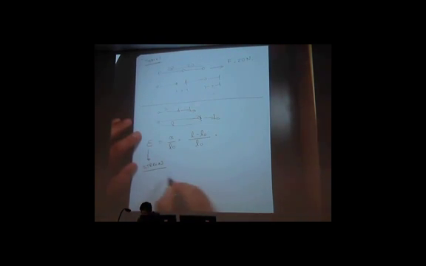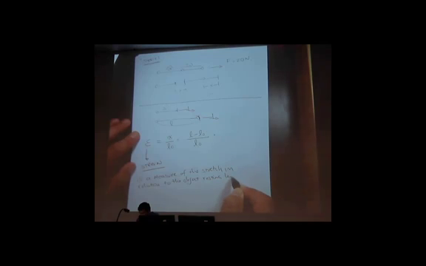So strain is a measure of the stretch in relation to the object's resting length. And therefore, it can be expressed as a percentage. The strain can be written as (L minus L0) over L0, times 100.